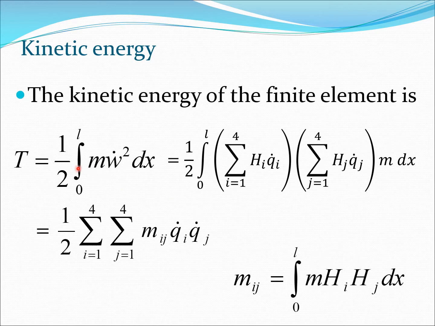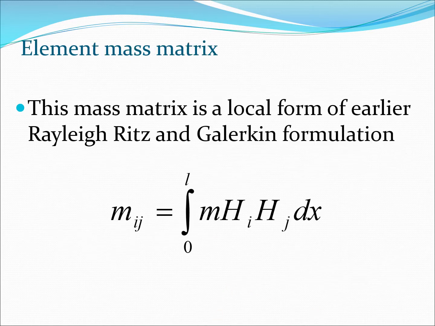So I can then write this kinetic energy term in this manner here, and then what I do is I take qi dot qj dot and I declare whatever is the coefficient as mij. Okay, so here I can clearly compare these two equations and I can write that mij is the integral from 0 to L of m Hi Hj dx. So that is the ijth component of the mass matrix.